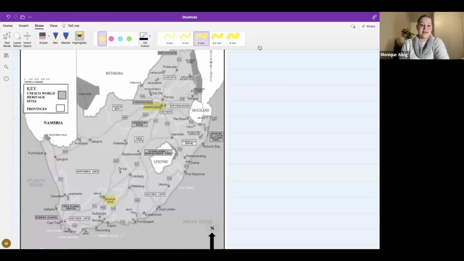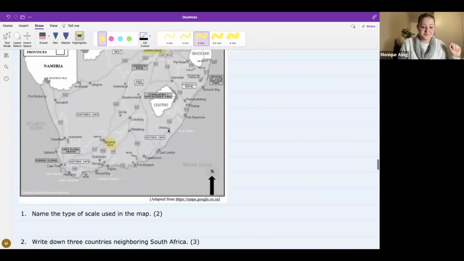Good, bar scale. So have you noticed, like almost every paper has asked, what kind of scale are you looking at? So it's really important to know the difference between the two, but you guys have no problem with that. So guaranteed 2 marks for you.